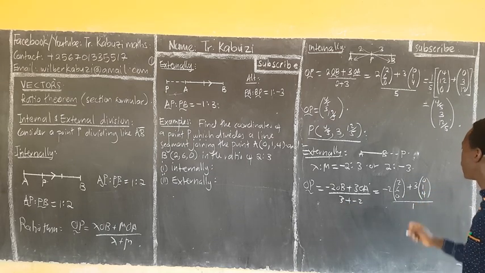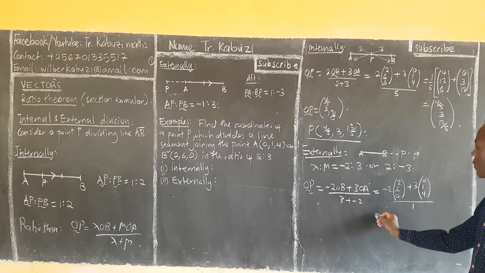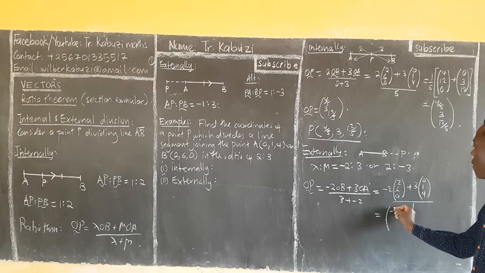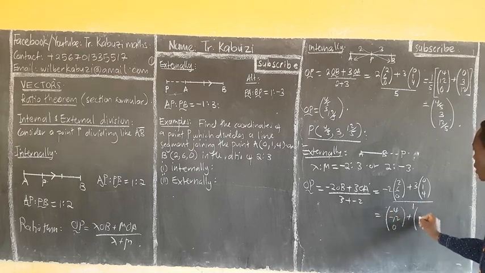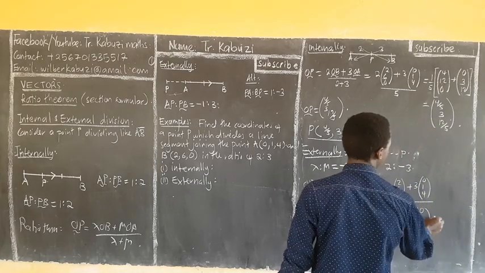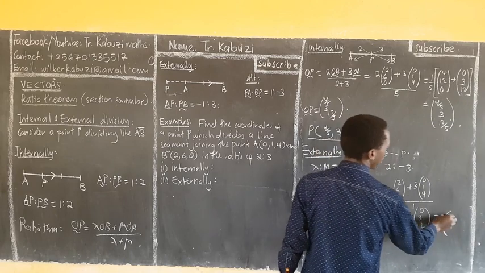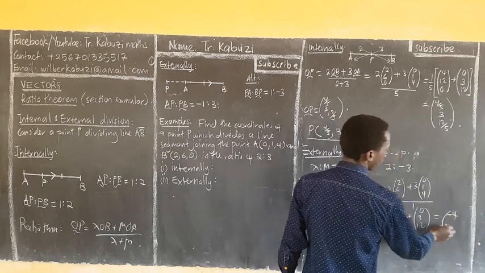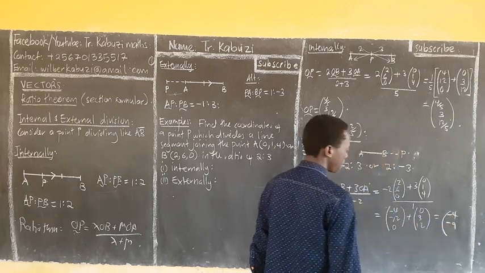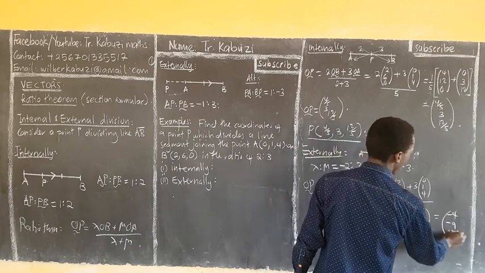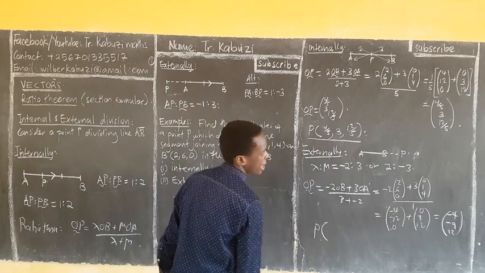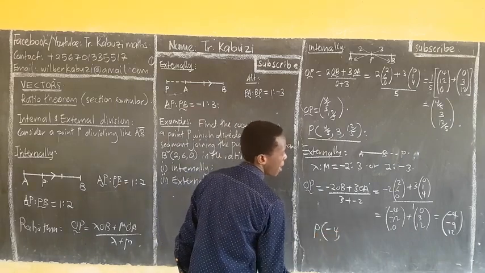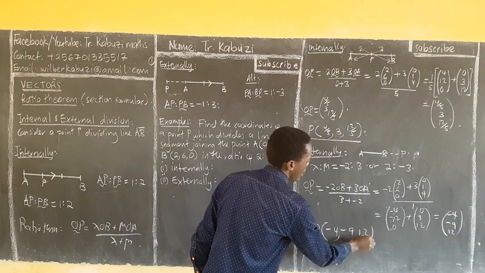When we simplify, it will be negative 4, negative 12, 0, plus 0, 3, 12, and if we add, our OP is negative 4, negative 9, 12. So my coordinate P for external division is negative 4, negative 9, and 12.